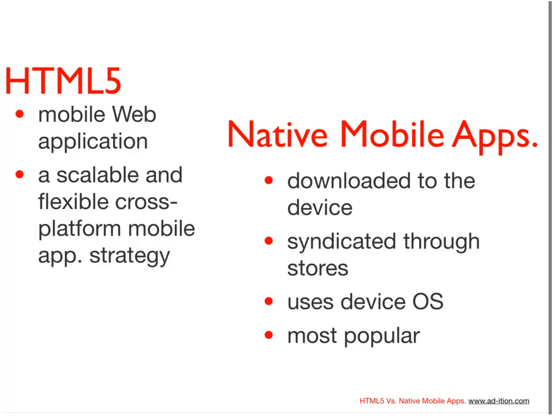Native mobile apps are all syndicated through stores and sometimes also through the website, but mostly through stores. And I think if you were to ask anybody what form of mobile program or mobile environment they're most familiar with when it comes to applications, they would tell you native mobile apps, okay?